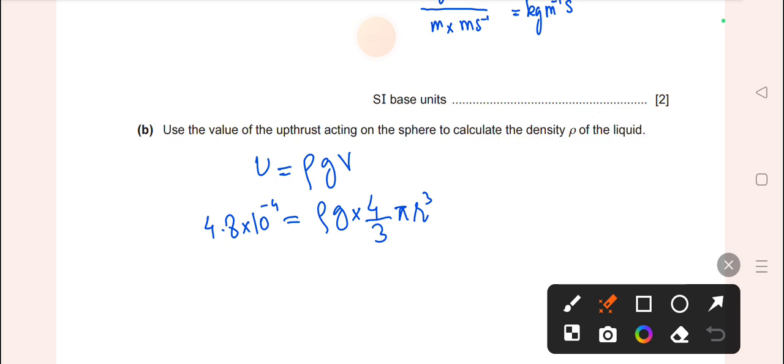G is gravitational field strength, and V is the volume of the object which is inside. So here it is sphere. For sphere the volume is 4 over 3 pi r cube, right? The upthrust was given, G value we know, and the volume is 4 over 3 pi r cube. We will use the values and find the density, right?